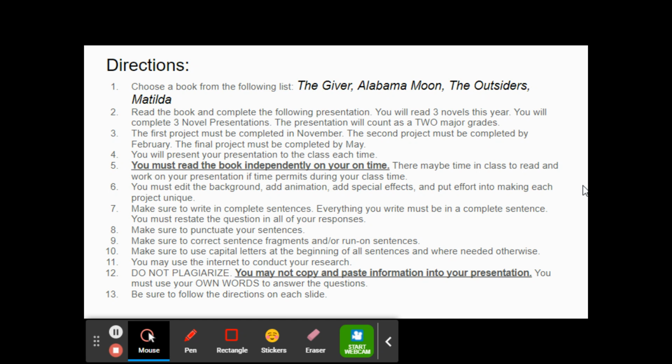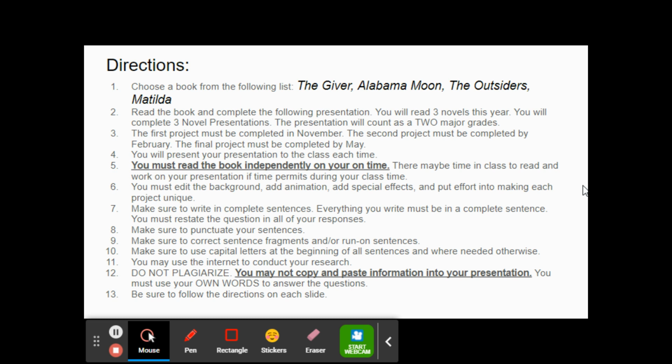This is the directions, or these are the directions. All right. Choose a book from the following list: The Giver, Alabama Moon, The Outsiders, and Matilda. Read the book and complete the following presentation. You will read 3 novels this year. You will complete 3 novel presentations.